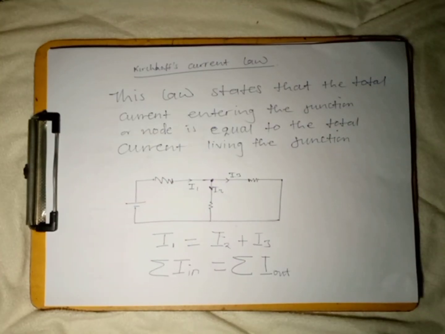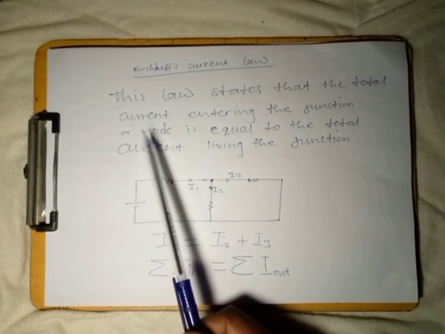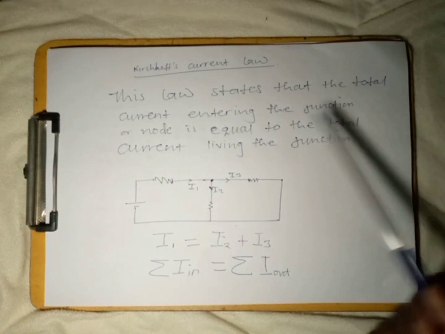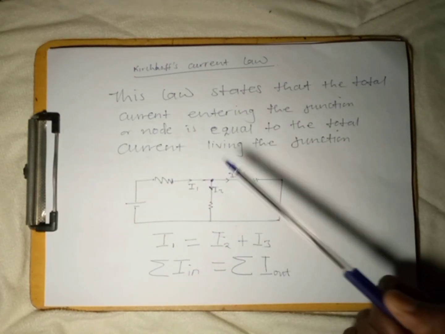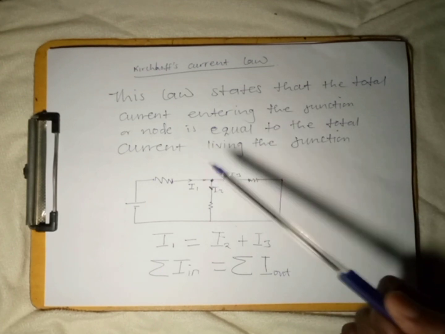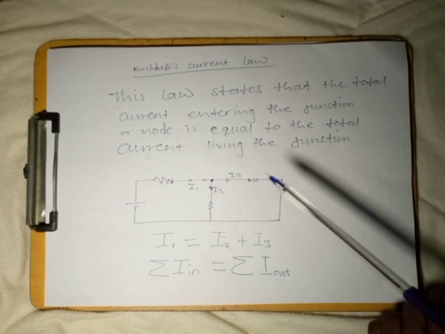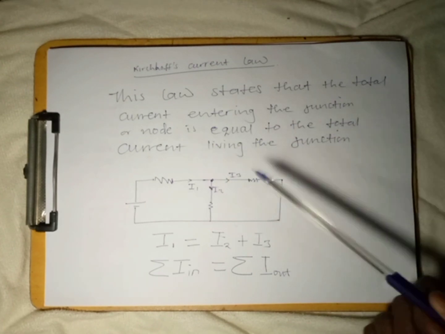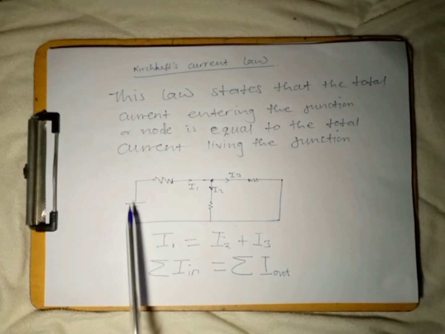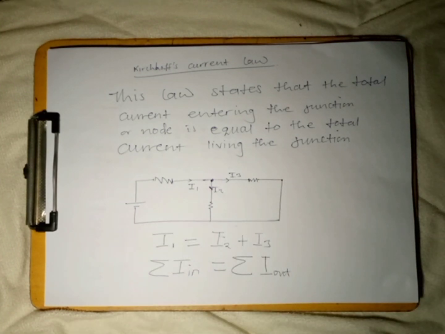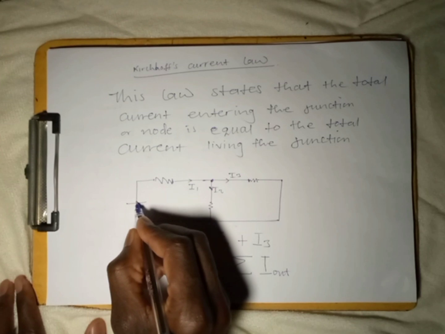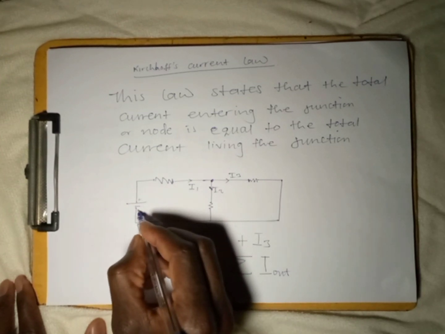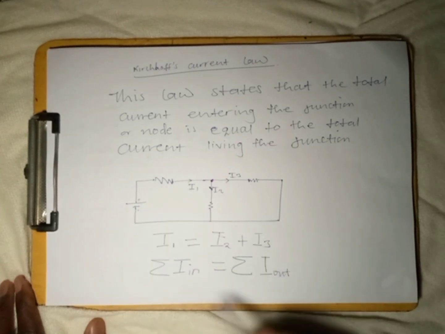Alright, so according to Kirchhoff's current law, that's how we state it. We say the total current, in short, the summation of current entering the junction has to be always equal to the total current leaving the junction. Suppose this is your circuit and we understand that current always moves from the positive terminal to the negative terminal.